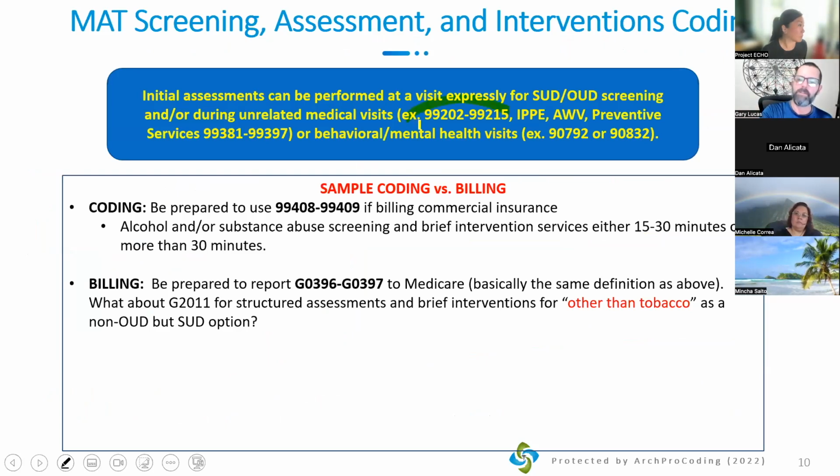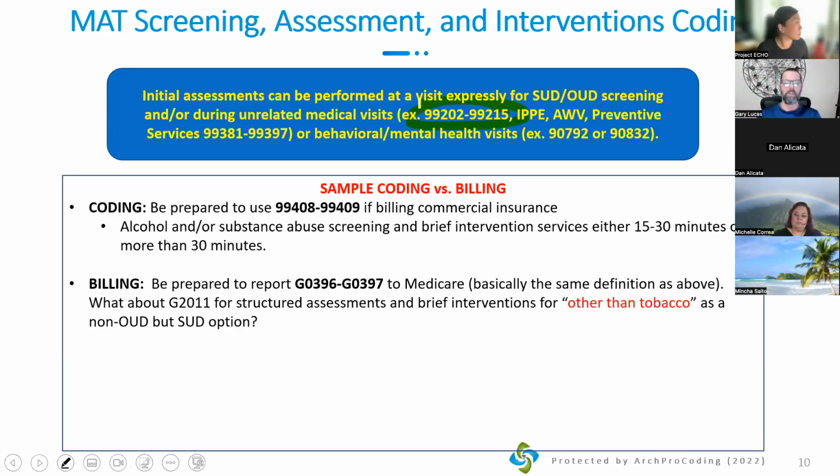In addition to your office visits, maybe you're identifying whether the patient has a use disorder during that IPPE, that initial preventive physical, or the annual wellness visit. Heck, it could even have been a general preventive medicine visit, or as I mentioned earlier, was maybe uncovered during a behavioral or mental health visit.